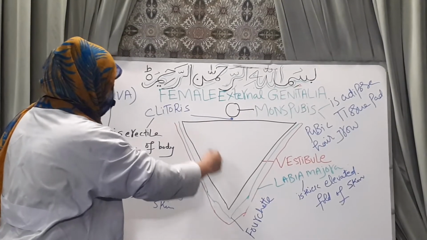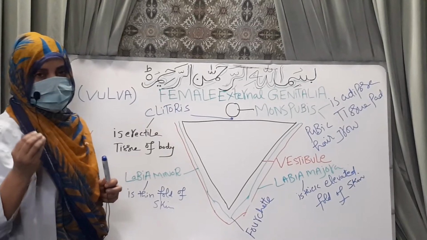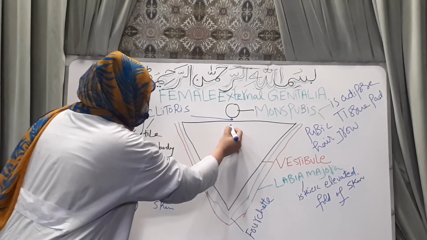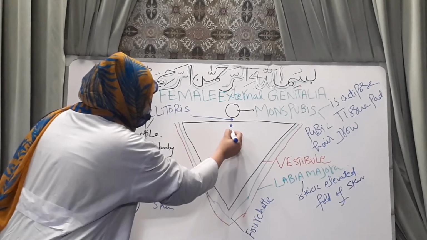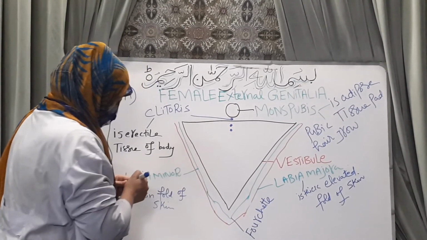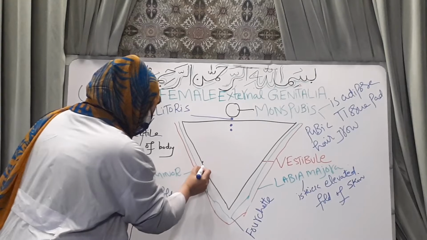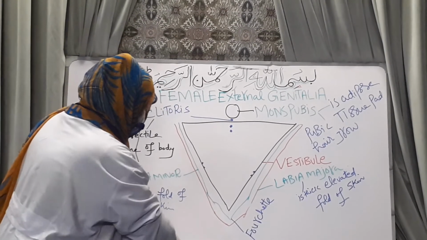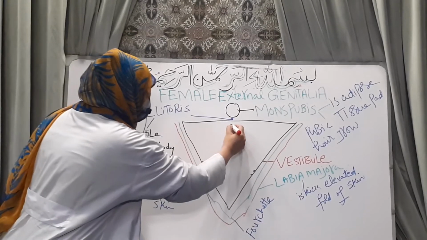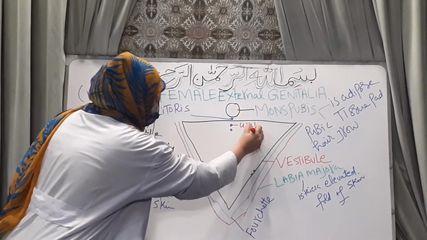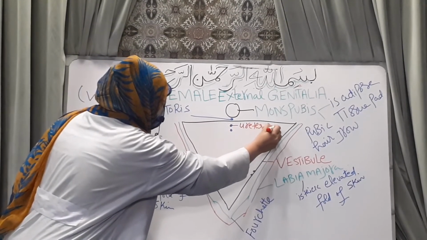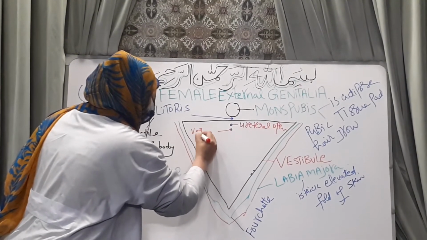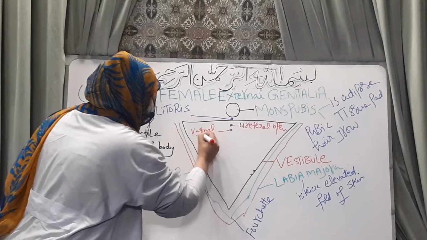Now in this triangular area there are 4 openings. Number 1, here is the urethral opening, and this is the vaginal opening.